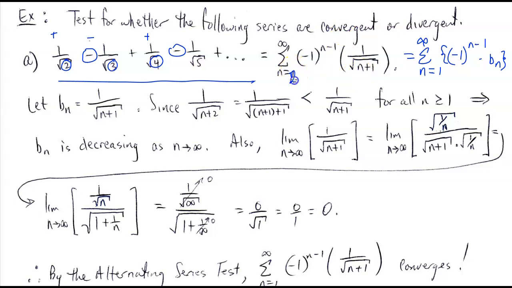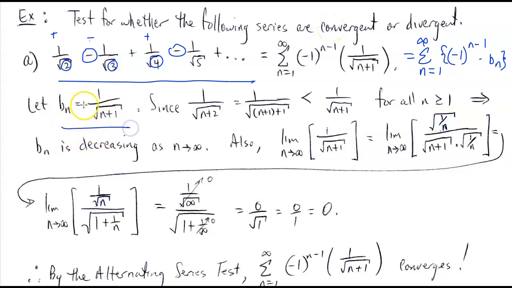And 1 divided by square root of n plus 1 has all positive terms, because square root of n plus 1 will never be negative, and since n starts at 1, it won't ever be 0 either. And 1 is always positive, so a positive number divided by a positive number is positive.